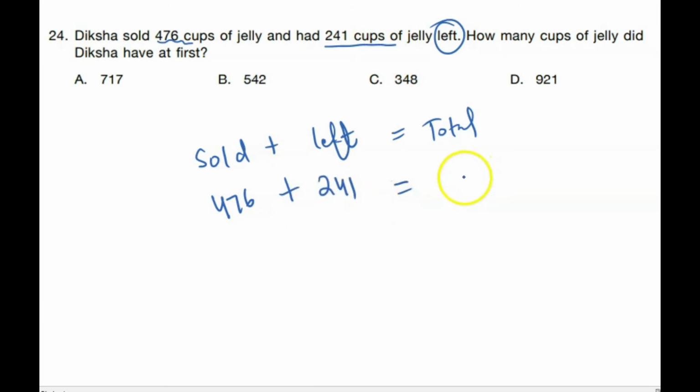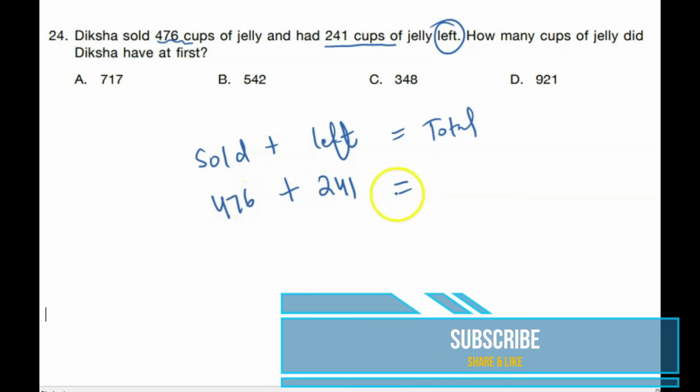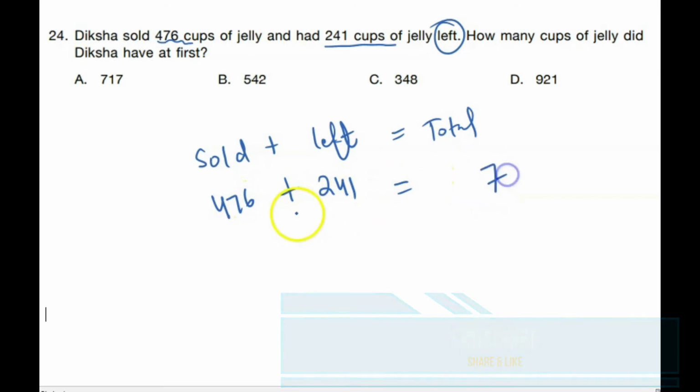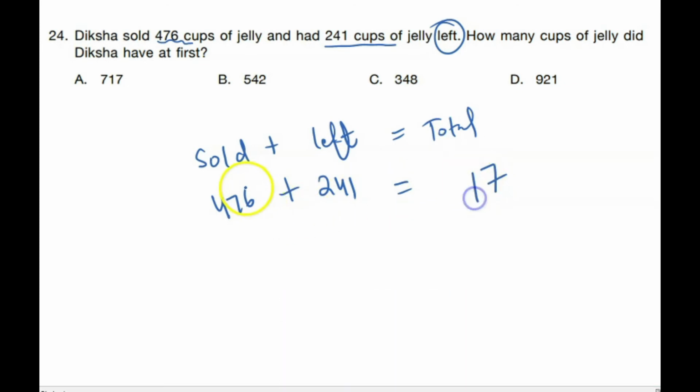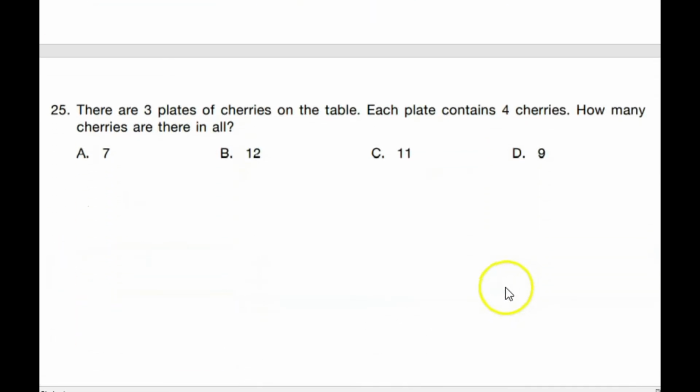So the sum will be the number of cups she was having initially. So 6 plus 1 is 7, 7 plus 4 is 11, 4 plus 2 is 6 plus 1, 7, 717. Option A is correct. Next question, question number 25.